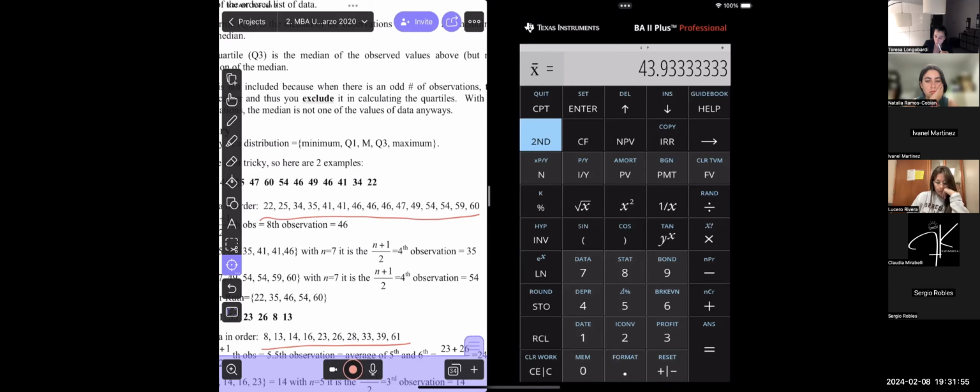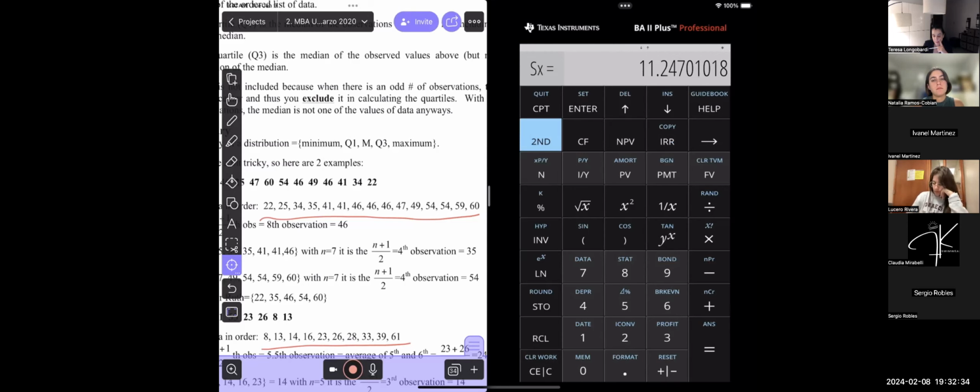So this one is 43.93. And S is equal to 11.25. And what is this number? That's the sample standard deviation.